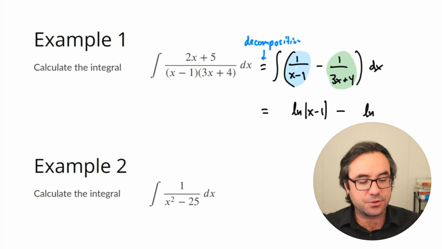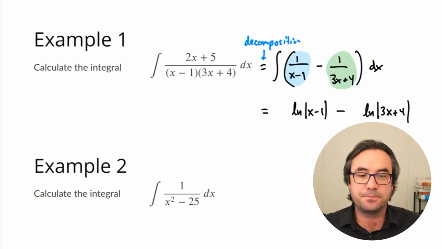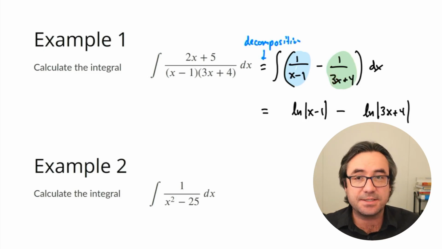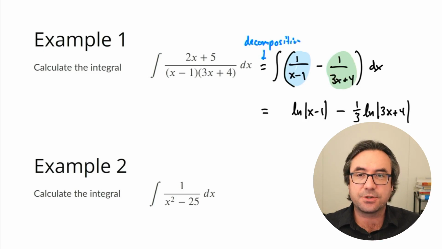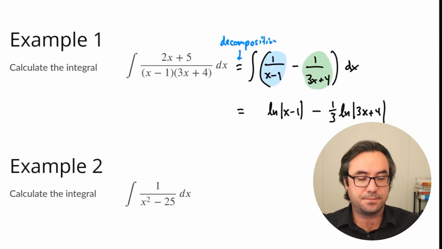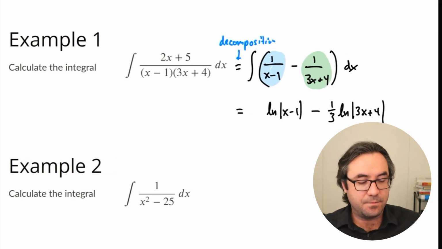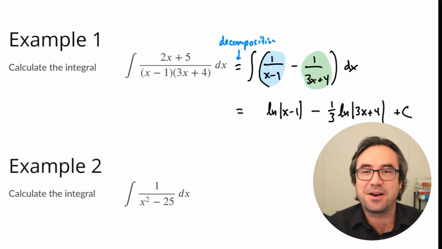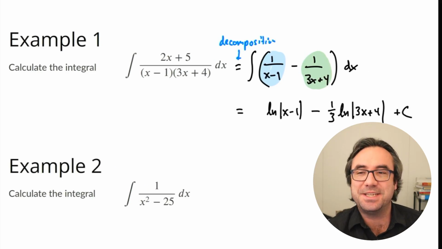We'll get the natural log of the absolute value of 3x plus 4. But now we take that constant that's in front of the x, in this case 3, and we flip it and put it in front of the natural log. And then we've done our integrating, so plus c at the end.